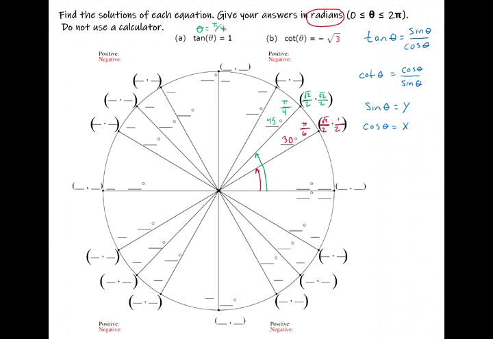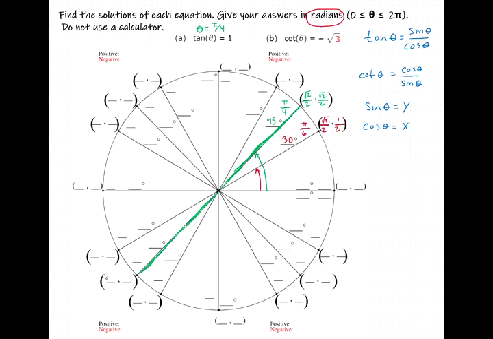That's one solution. But if we look down in quadrant 3, so let's look at this radius here for pi over 4, and if we extend that down to quadrant 3, we have the same values, root 2 over 2 and root 2 over 2, except in quadrant 3 they're both negative.